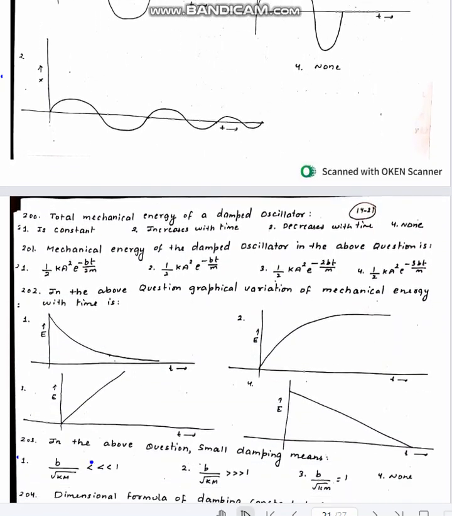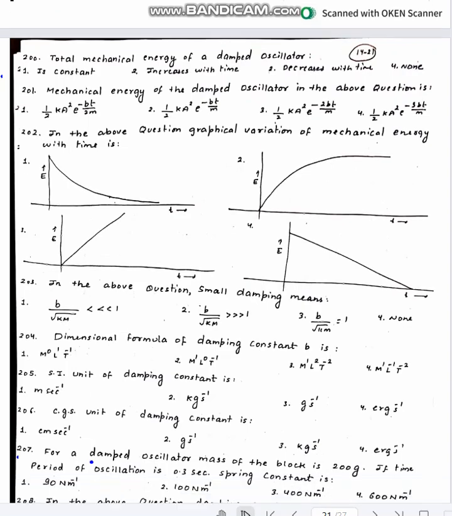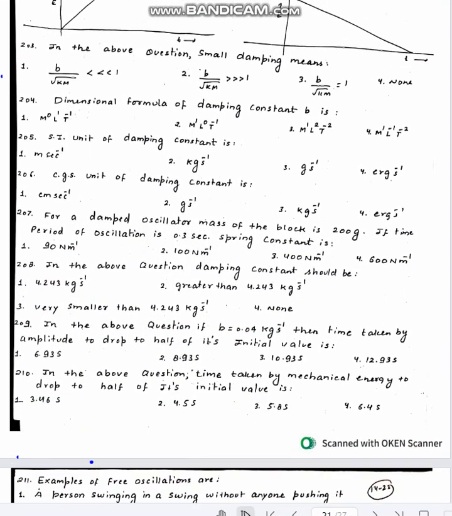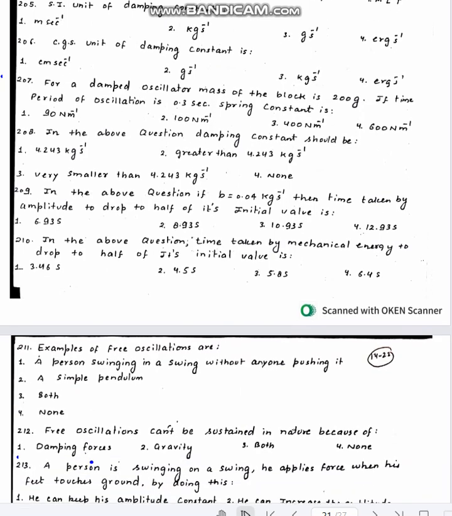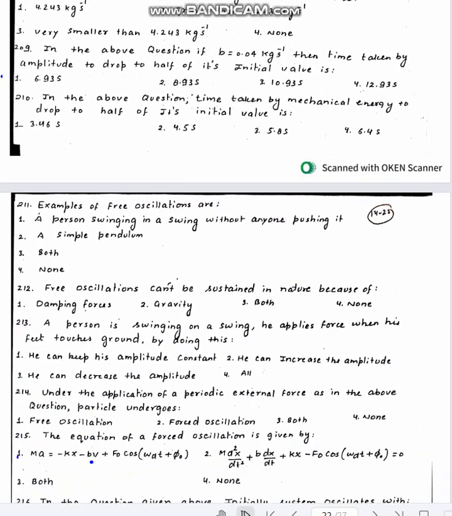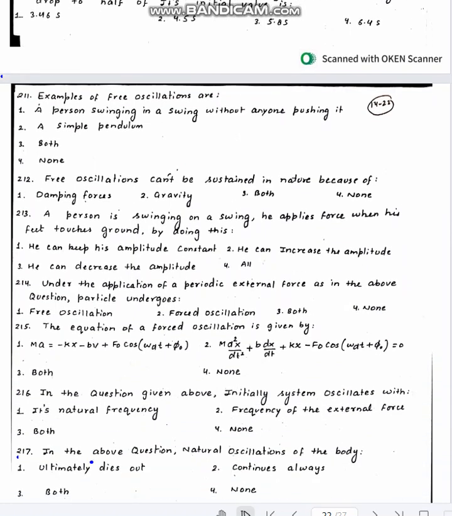Then we have total mechanical energy, then mechanical energy of oscillator, energy time graph, small damping constant, SI units, CGS unit, dimension, spring constant, damping constant, time taken.